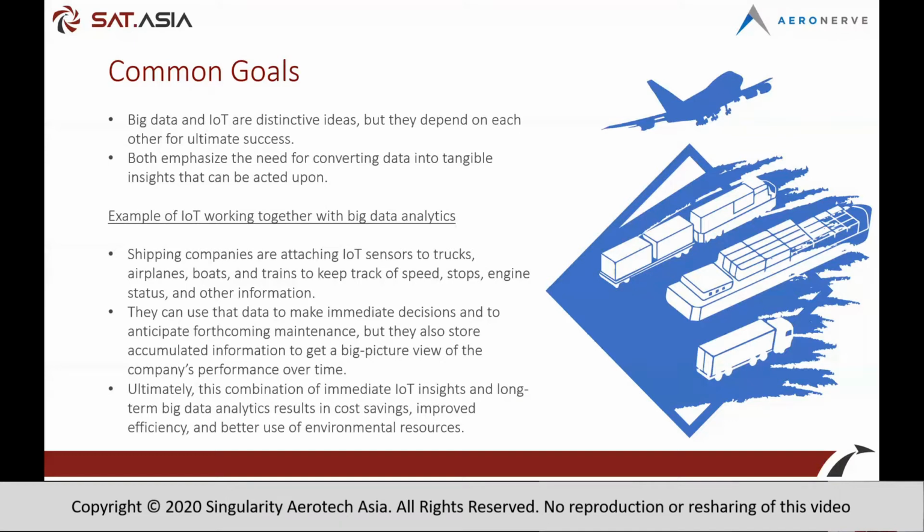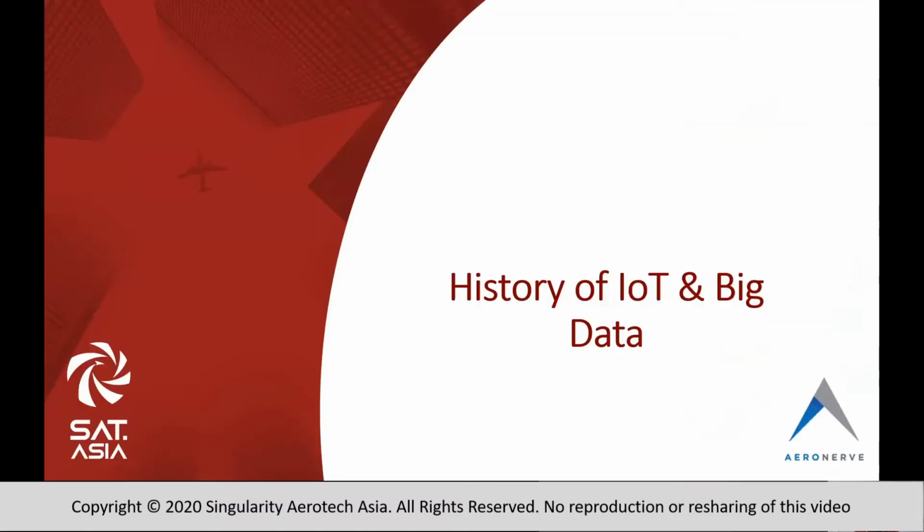In order to do that, you first accumulate the data that you gathered, and then you do cumulative analysis, cumulative information, to get a big picture of how the process is being done. That is one example.